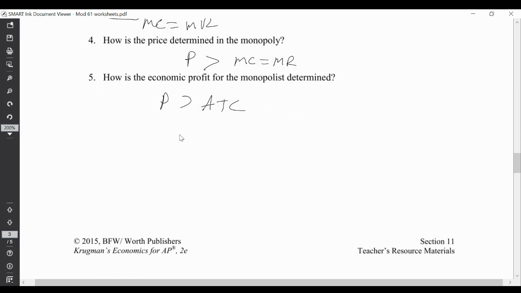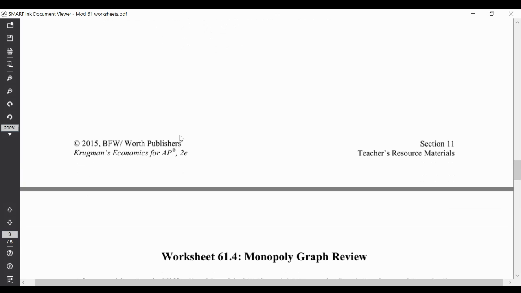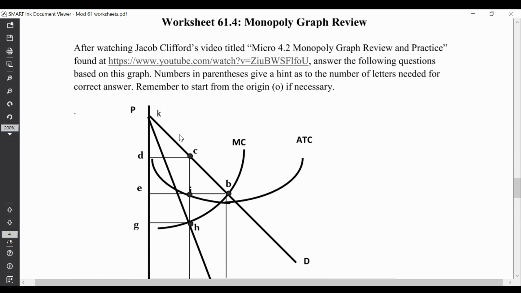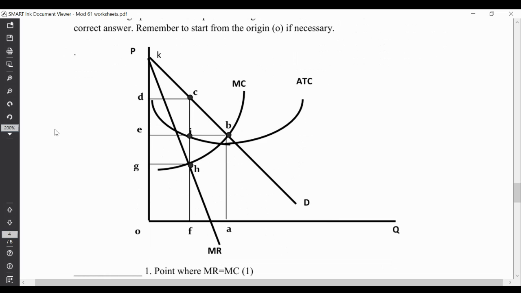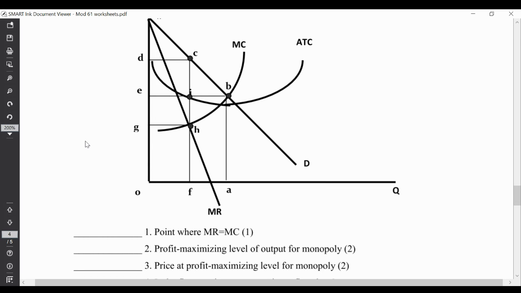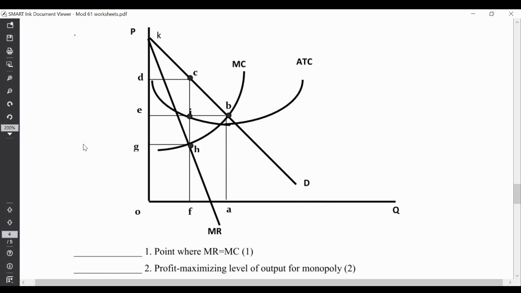Okay, so that was 61.3. Let's look at 61.4. Once again, you would have watched this video right here, and using this chart, you're going to answer the different points here. It says point where MC equals MR. Well, the point where MC equals MR is at H. MC equals MR is at this point right here.